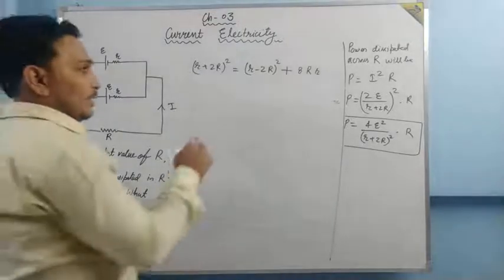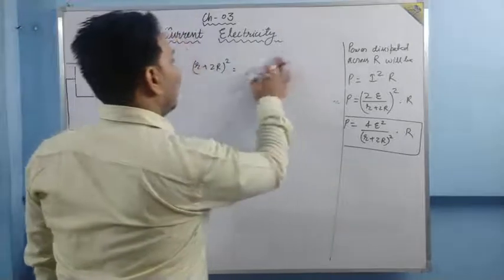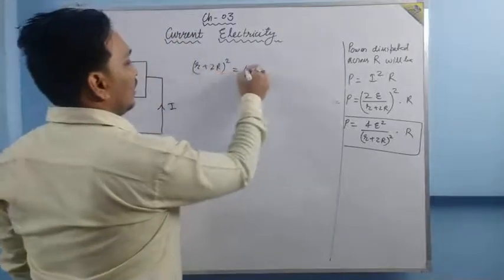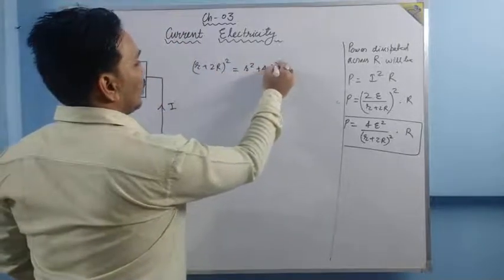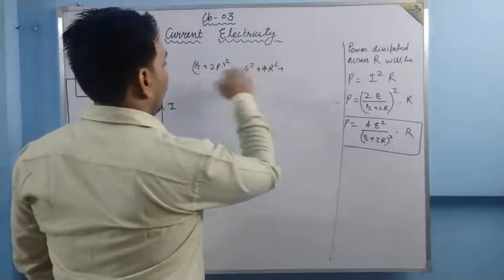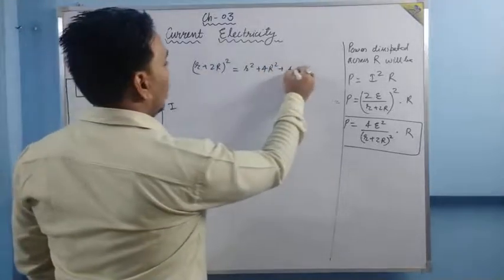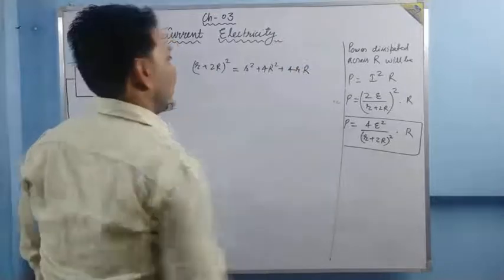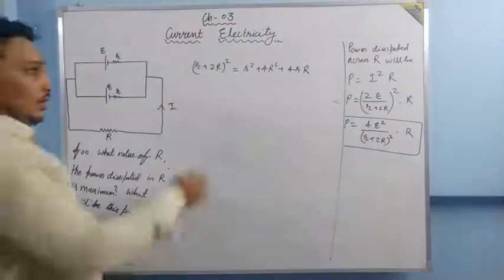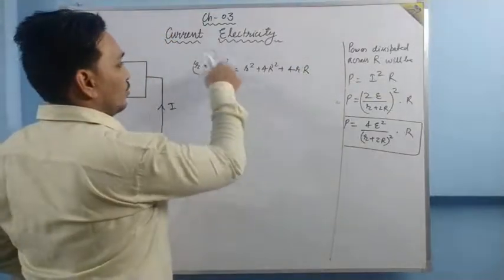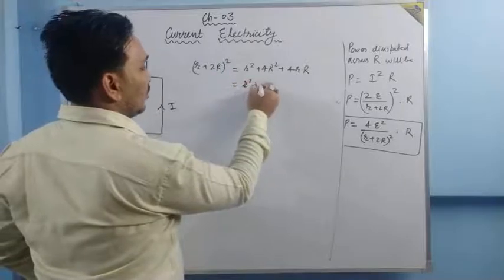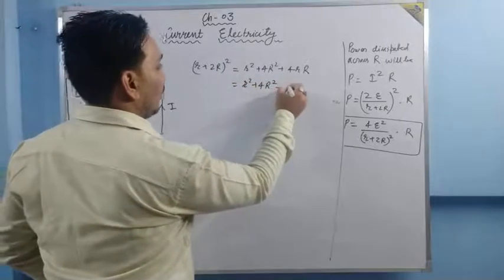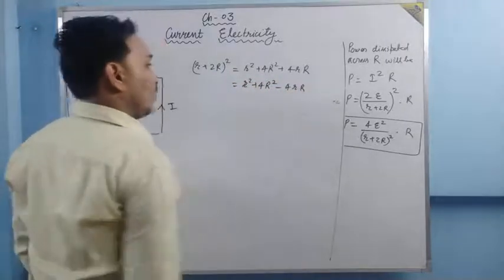Let me explain how it has happened. This can be written as r square plus 4R square plus 2 twos of 4 r capital R. Now, if I want to make it r minus 2R whole square, then r square plus 4R square will be required, but minus 4rR is required.